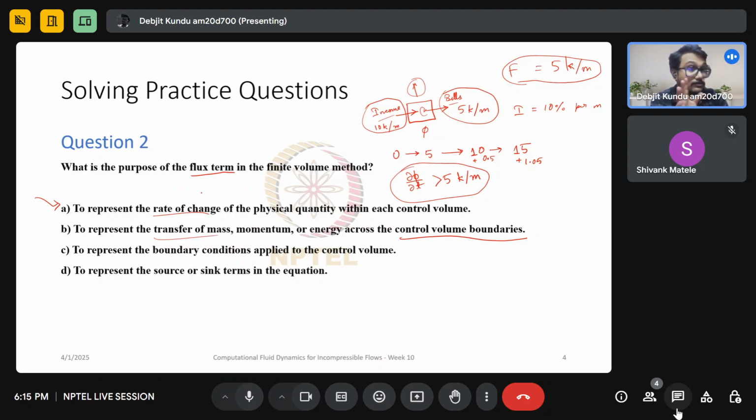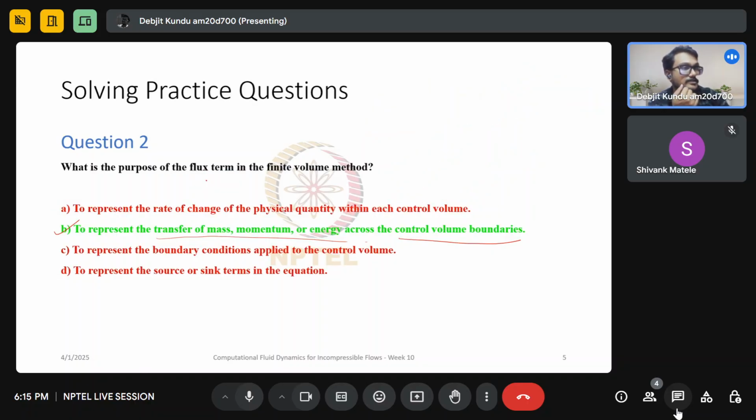And coming back to the main point of the question, which is the flux term, that is the transfer of mass, momentum, energy, or any other physical quantity that we are solving for across the control volume boundaries. So that is this flux term. So it's usually U phi.